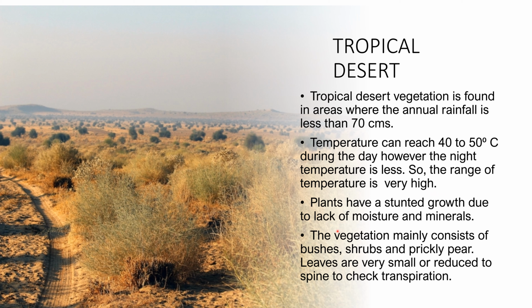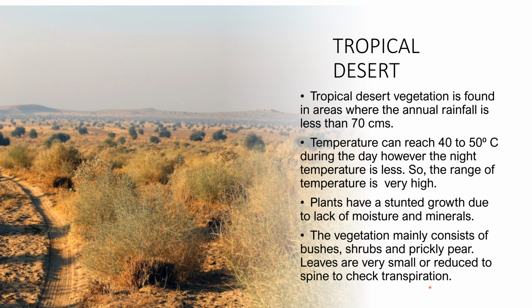Plants have a stunted growth, that is, they cannot grow very tall because of lack of water. The vegetation mainly consists of xerophytes, which includes bushes, shrubs, prickly pear. Leaves are very small or reduced to spines to check transpiration.